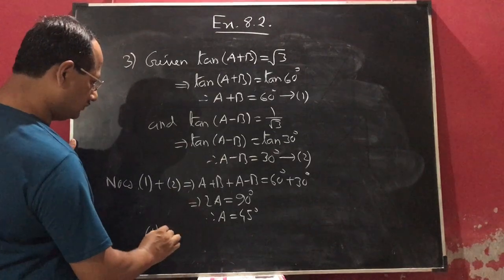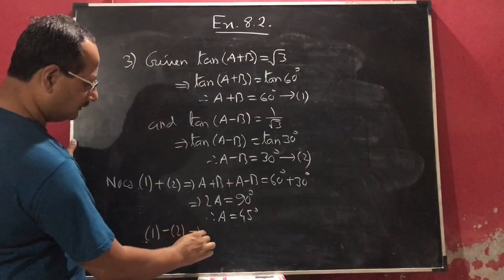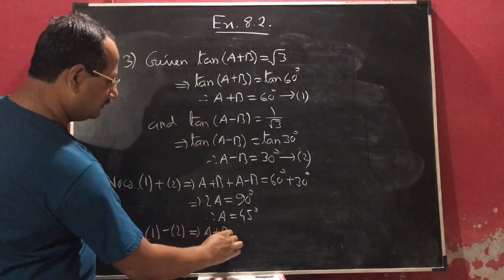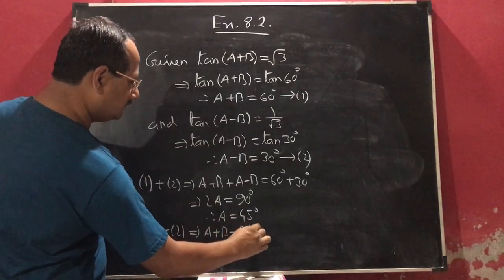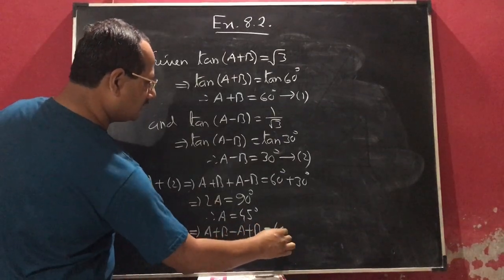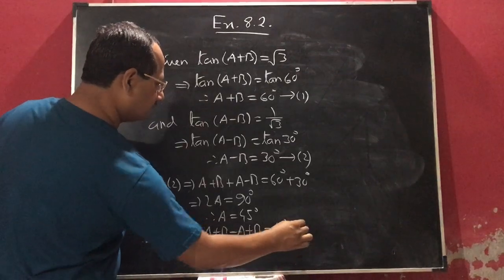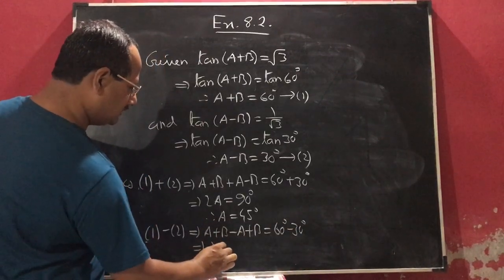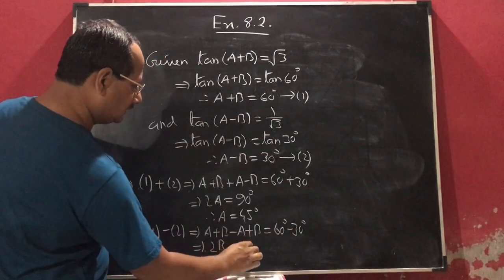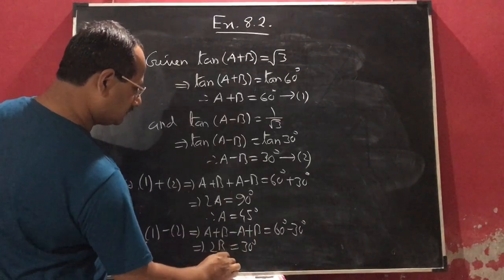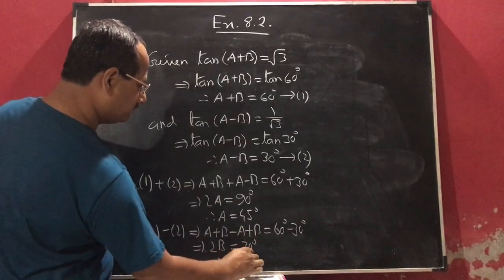So 1 minus 2 is A + B - A + B, that is 60 minus 30, which equals 2B equals 30 degree. Therefore B equals 15 degree.